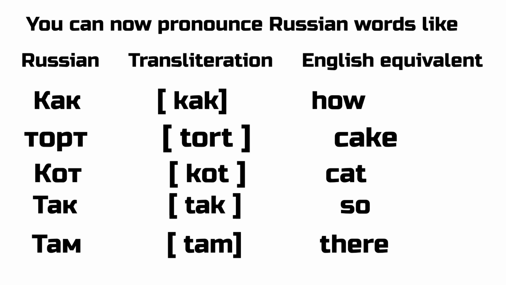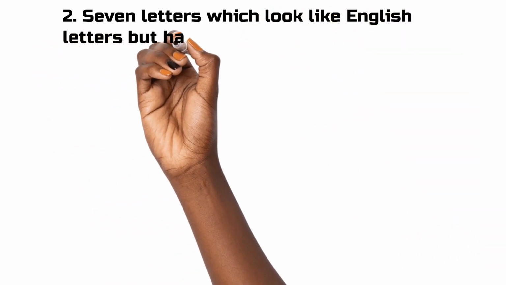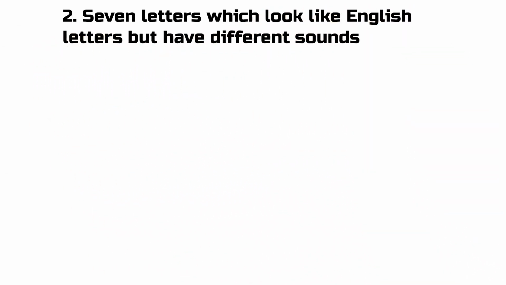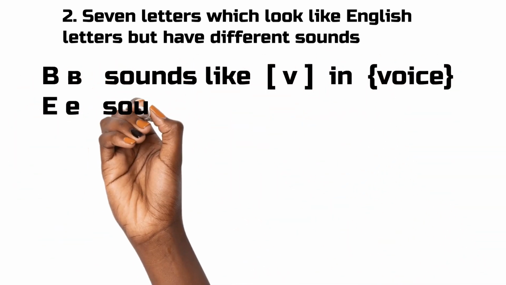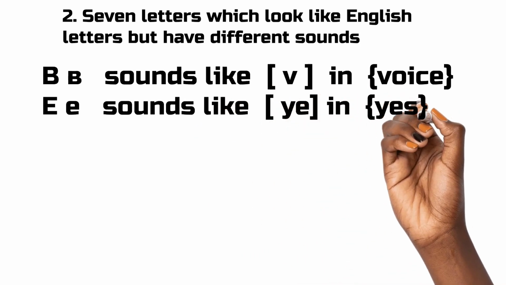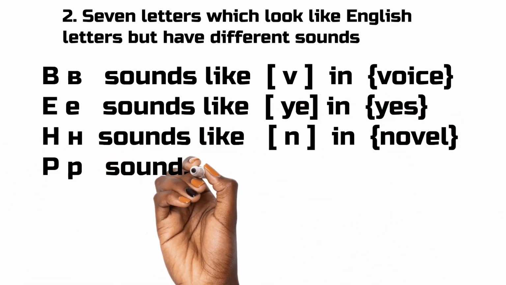Group 2. Here we have 7 letters which look like English letters but have different sounds. V sounds like V in voice. Ye sounds like ye in yes.